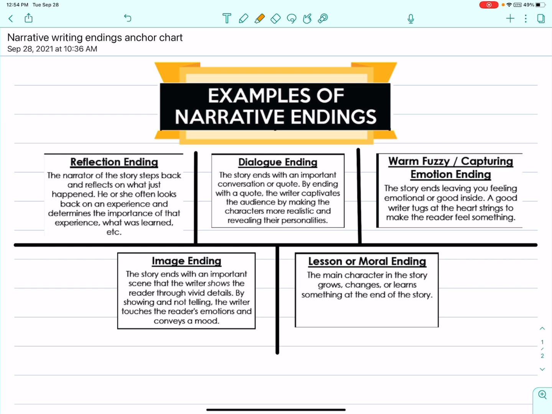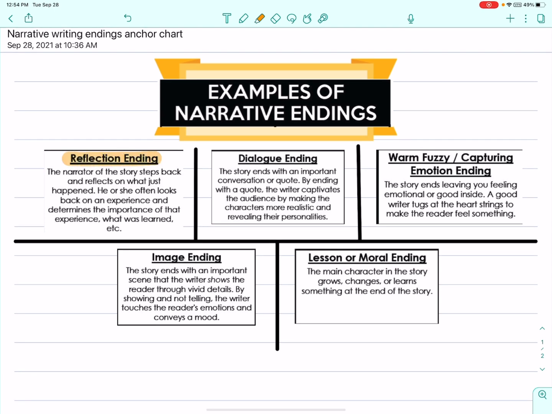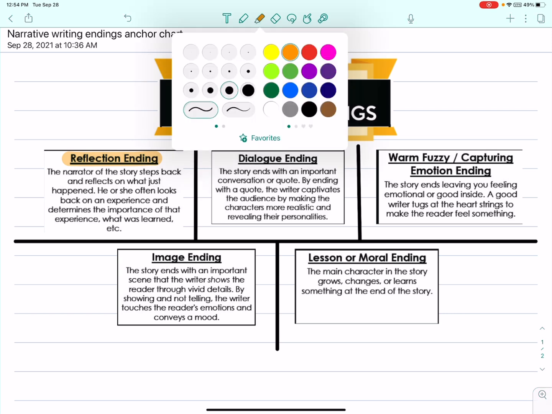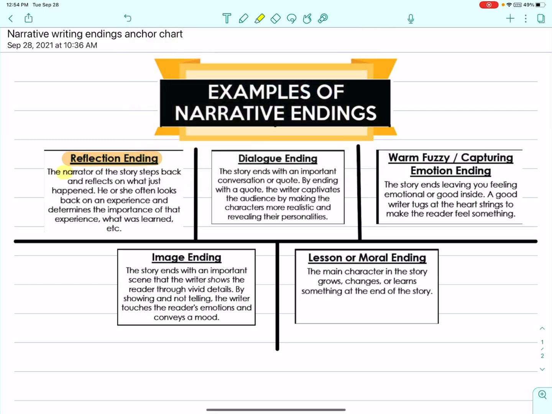So the first ending that I have here is the reflection ending. So what do you know about reflection? It says the narrator of the story steps back and reflects on what just happened. Now, the narrator is going to be your character.